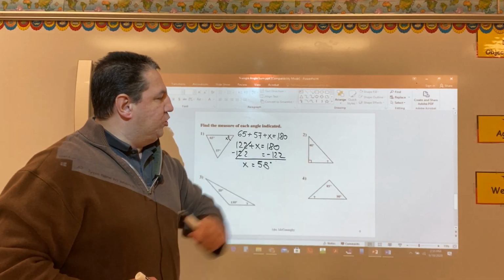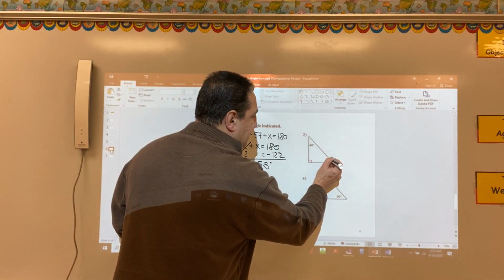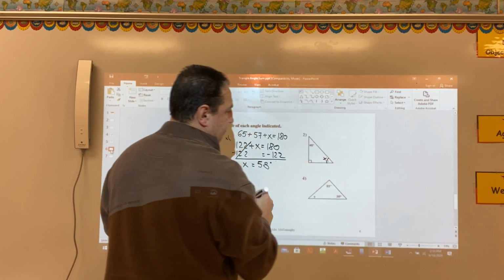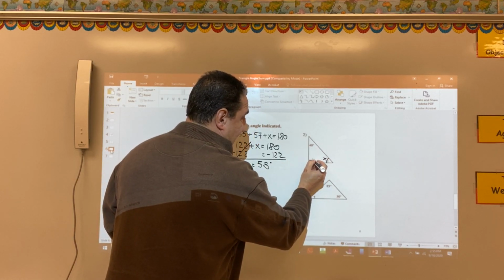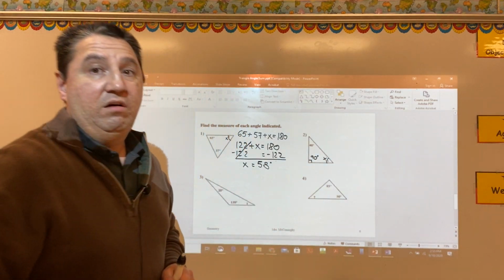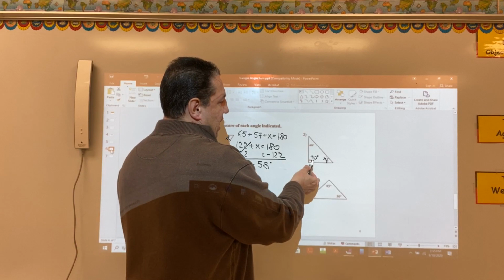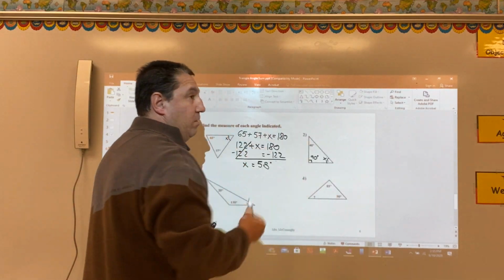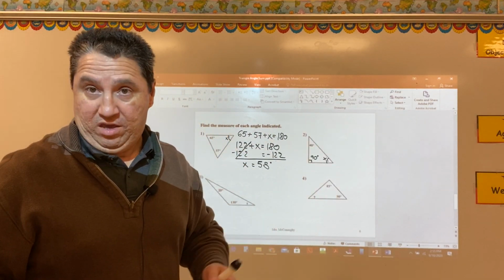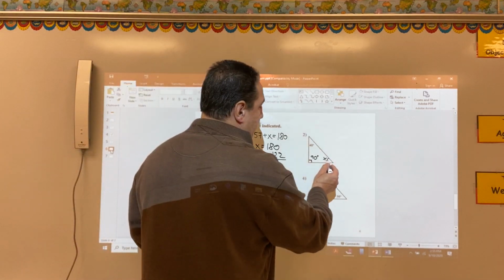Good. On number two, we need this angle, right? Let's say x. Now, this angle is a right angle. Remember, a right angle has 90 degrees. Again, we apply the same formula, the same theorem, to find the missing angle.